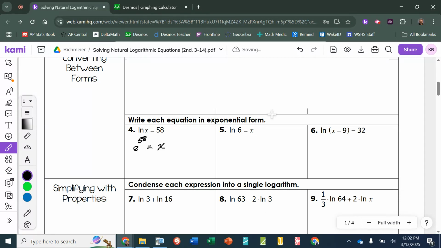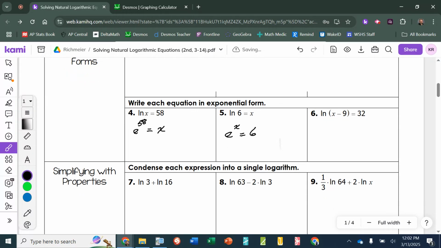In number 5, I have a natural logarithm, so I'm going to take e. This time the logarithm is equal to x, so my exponent will be x, and this whole thing needs to be equal to 6. Then we have the natural logarithm of the quantity x minus 9 equals 32.